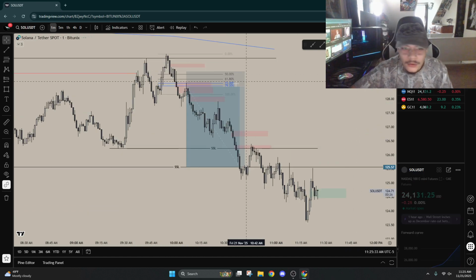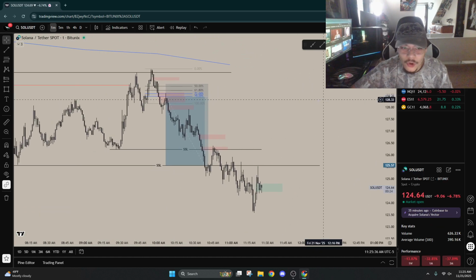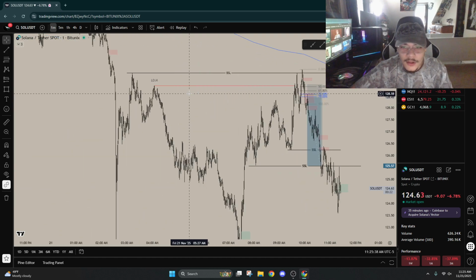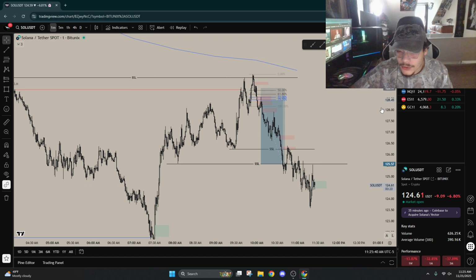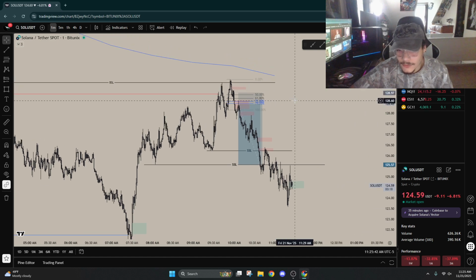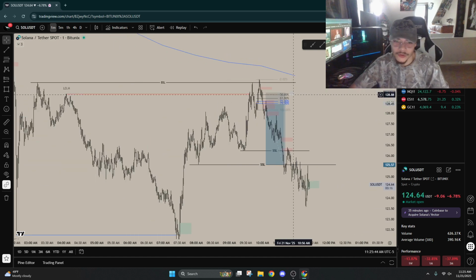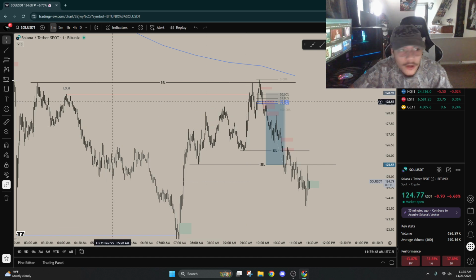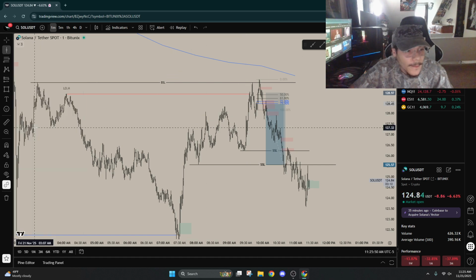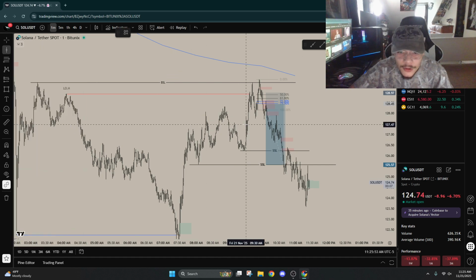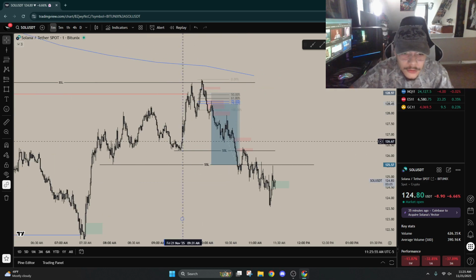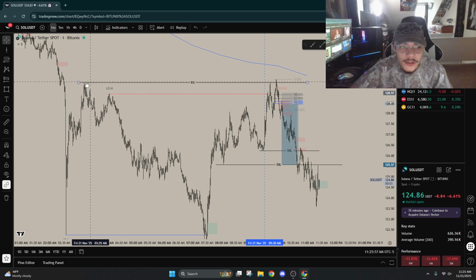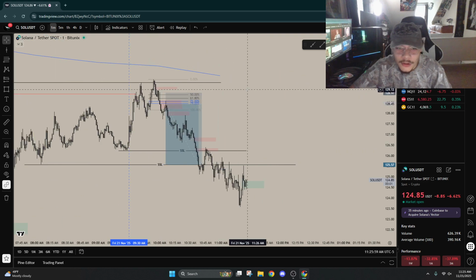Looking at Sol and everything else, this was the only Sol trade that we seen. After I took that trade on NQ, it was kind of already done for the day. I wasn't really looking to take a trade on crypto. But if you do look at crypto, market opens right here, and you get clear displacement, sweeping out London high, sweeping out this internal buy side liquidity.